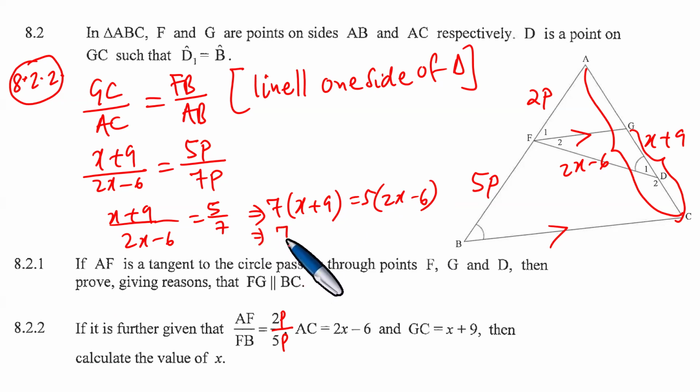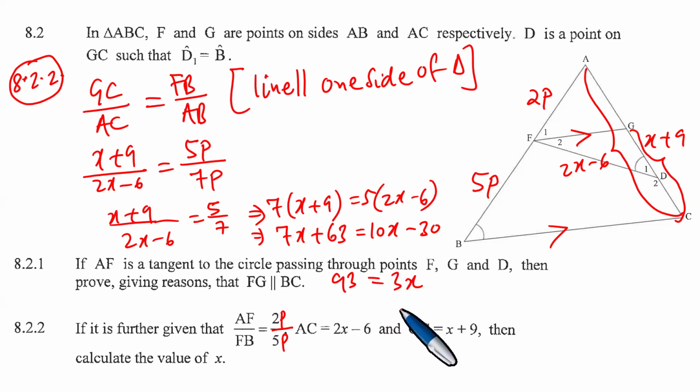This is exactly 7x plus 63, which is equal to 10x minus 30. So that we have 10x minus 7x, which is 3x, and 63 plus 30, which is 93. You divide by 3 so that you have 31 is equal to x.